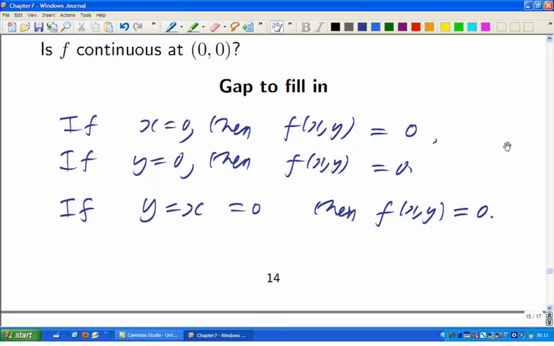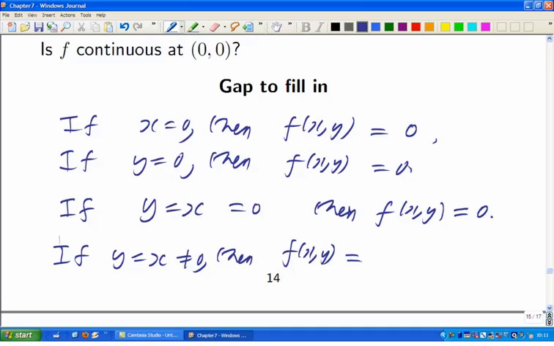So we defined that at the origin the function takes the value 0, but if y equals x is not 0, then f of xy, which is 2xy over x squared plus y squared, is actually equal to 1. You've got 2x squared on the top and 2x squared on the bottom, because y equals x.